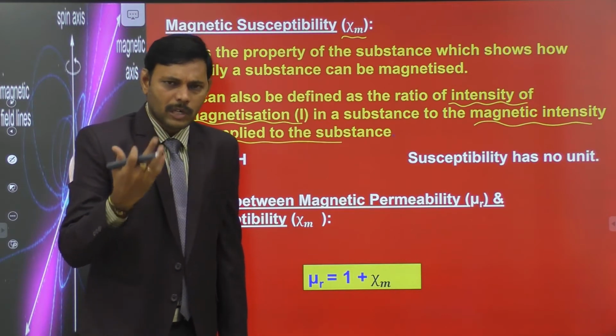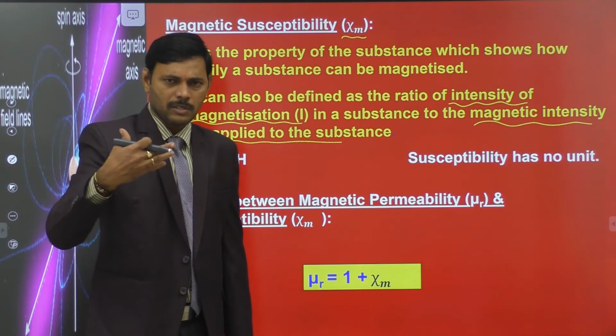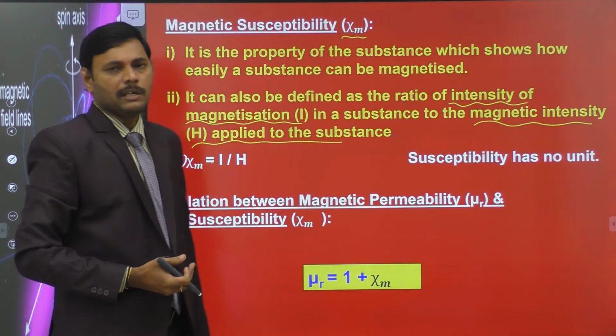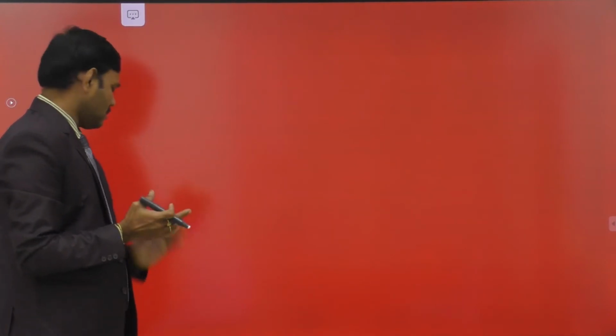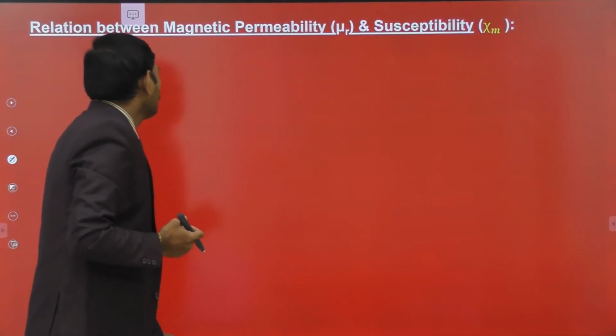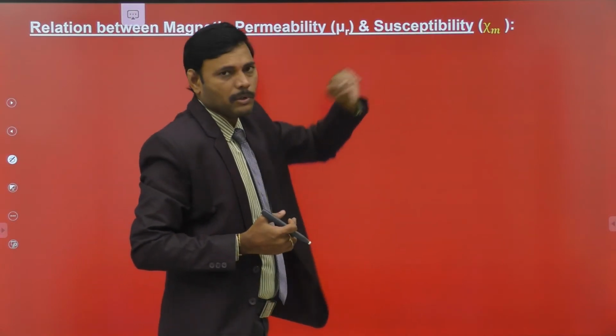Now I would like to describe the derivation of the relation between the relative permeability and susceptibility. So let us move on to this.